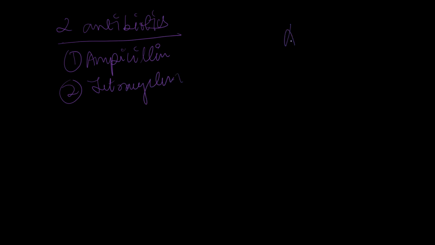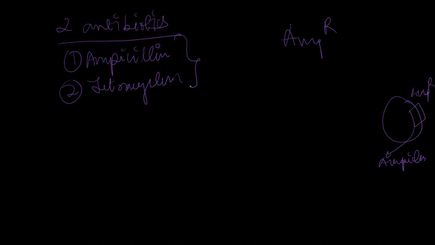What do we mean by ampicillin resistance? If a plasmid contains an ampicillin resistance gene, that means this particular plasmid is resistant to the antibiotic ampicillin. What is the action of an antibiotic? It is to kill the bacteria.